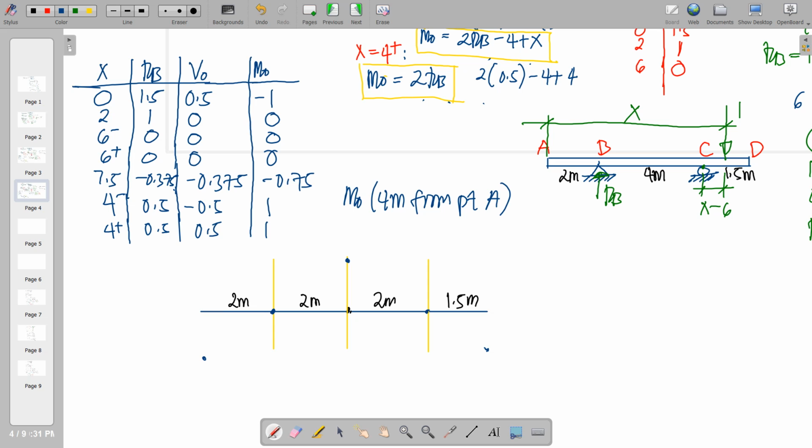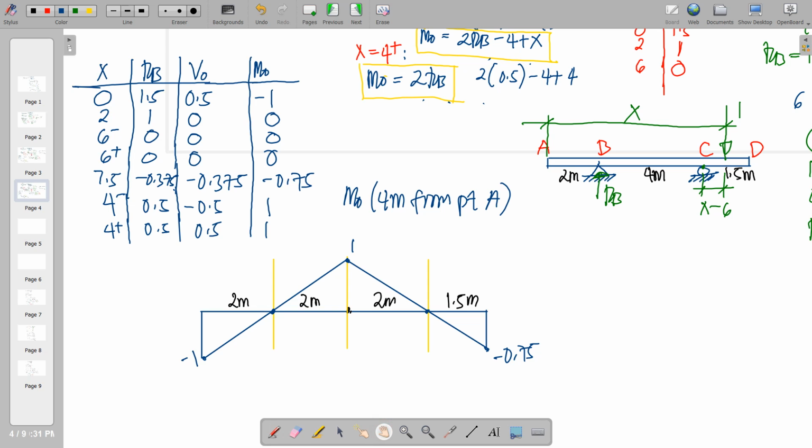So here it is. So I think we should connect that by straight lines. So this is the straight line. Okay. And this one. So we have here negative 1. This is positive 1. And that will be negative 0.75.